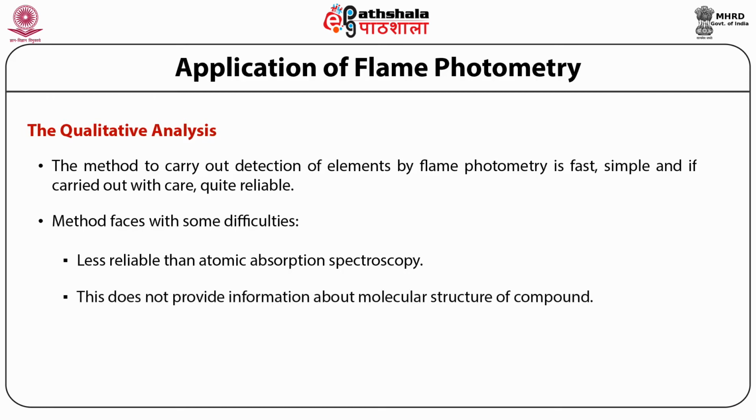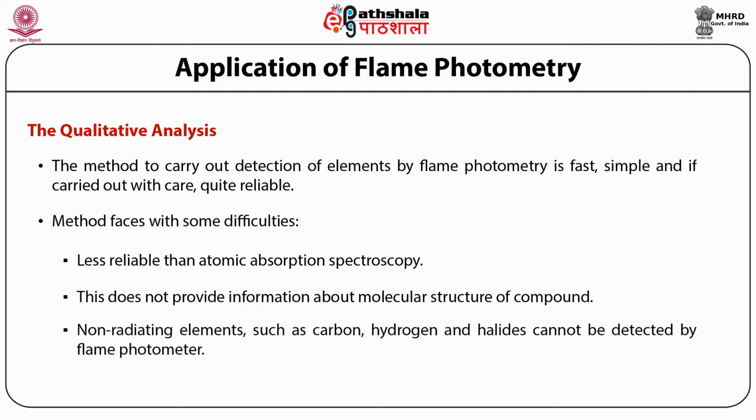It does not provide information about the molecular structure of the compound present in the sample solution. Radiating elements such as carbon, hydrogen, and halides cannot be detected by flame photometer. However, these can be determined under special circumstances.